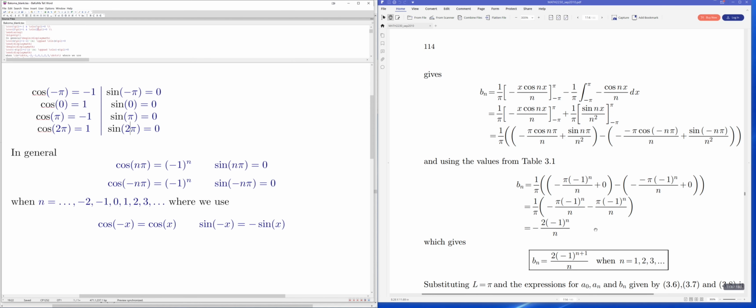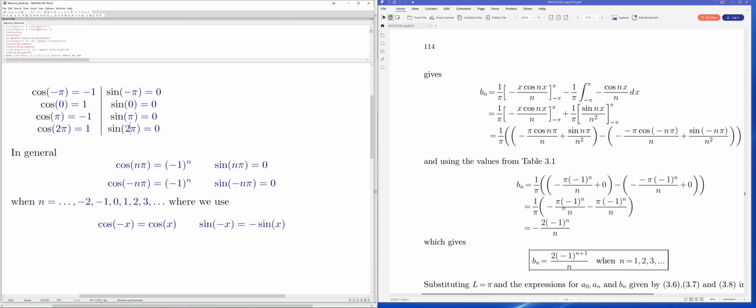Let's see what I have now. Well, I have minus pi minus 1 to the n on n. And here I have 3 minus signs, so this is minus, minus, minus. So overall this is going to be minus pi minus 1 to the n on n. And I have it over here.